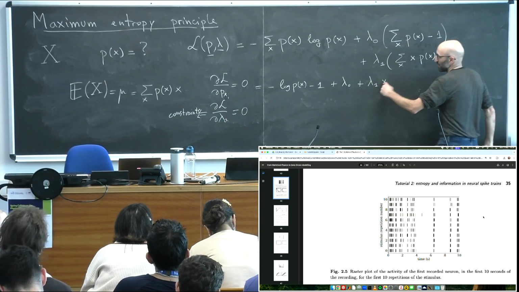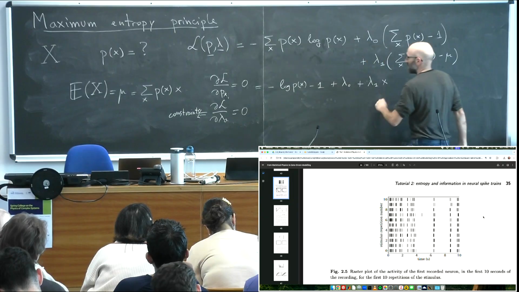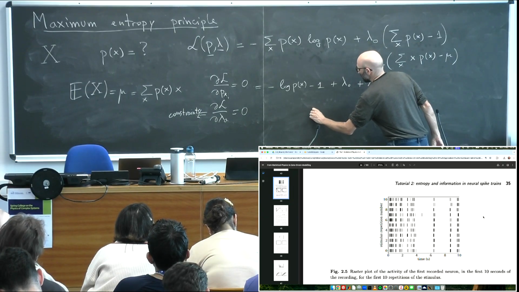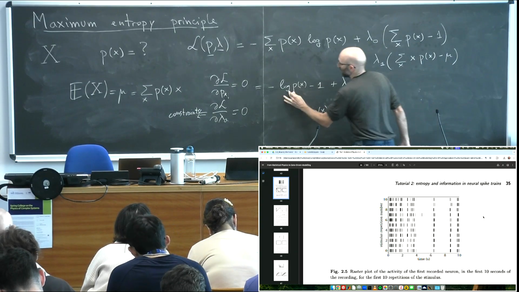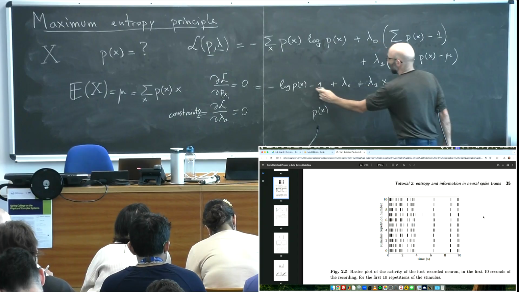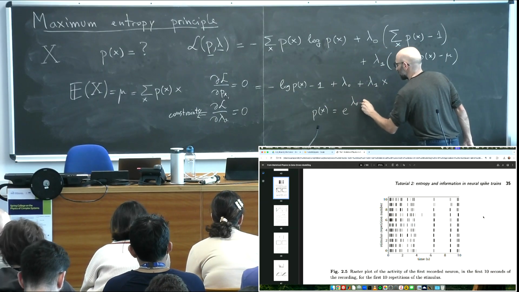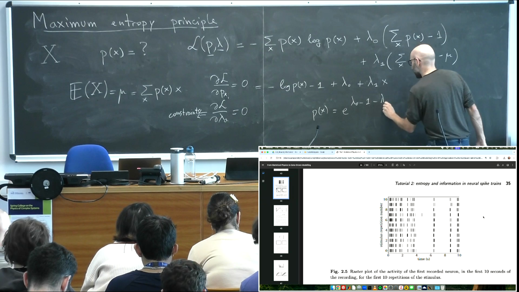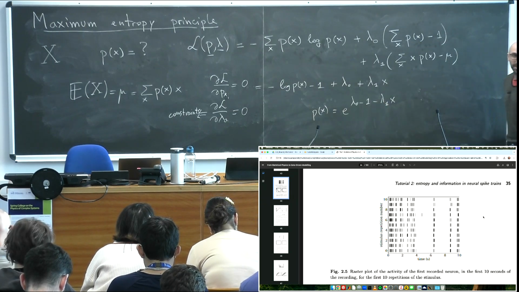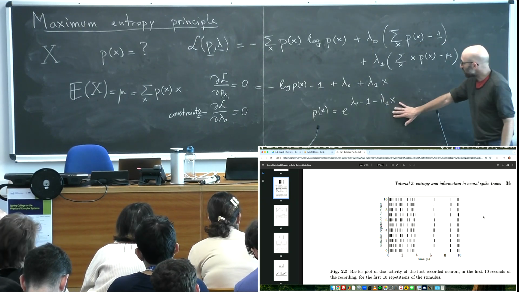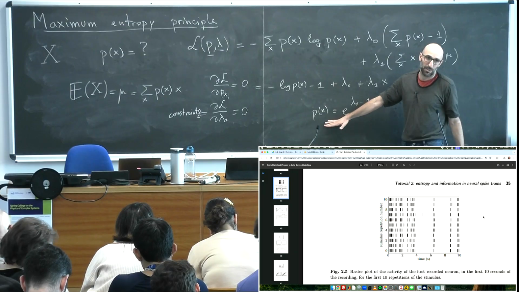So this should be 0. And then we bring the log to the other side, and we get that p of x is the exponential of this term. Okay? So we get what is called an exponential distribution.